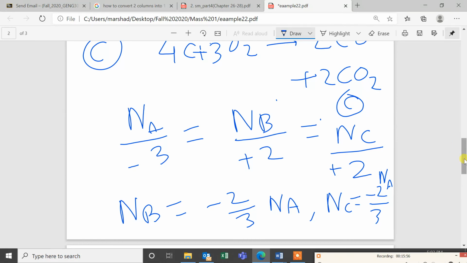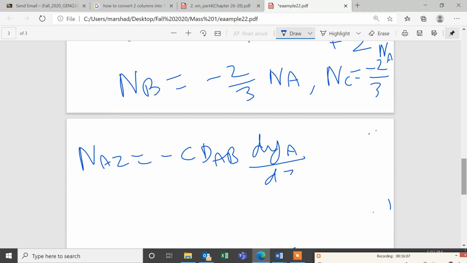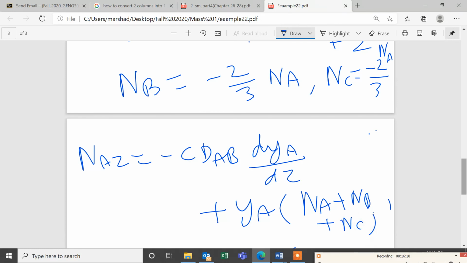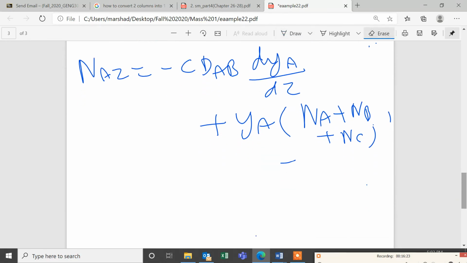Okay, so now if we go to this equation, NAz equals minus C DAB dyA over dz plus yA times the bulk motion term with NA, NB, and NC. This term is as it is, and then we need to reduce this yA term.